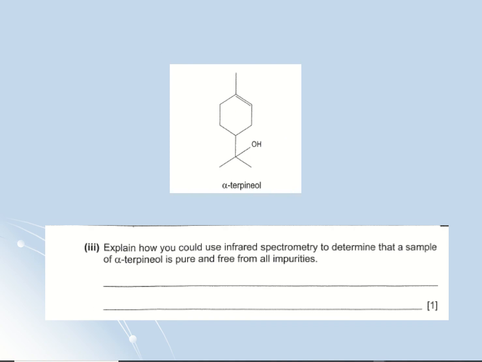Explain how we would use the infrared spec to determine that the sample of alpha terpenoid was pure and free of all impurities. Well, if it's pure, the trace of the sample will match exactly.